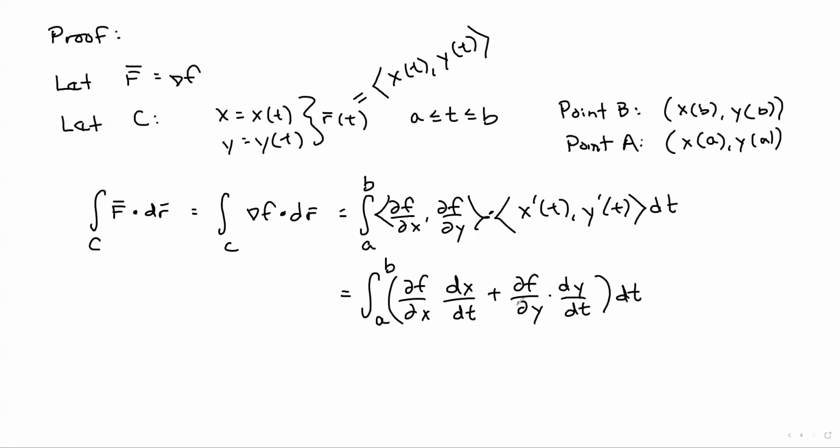Okay. And now the reason I did that is that if you went back and watched the chain rule video from the chapter on partial derivatives, you'll recognize that this format, when it's written this way, is the derivative of a two variable function, x and y, where those variables are defined in terms of t.